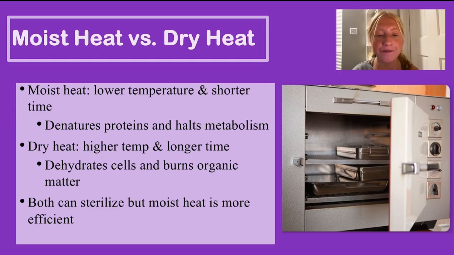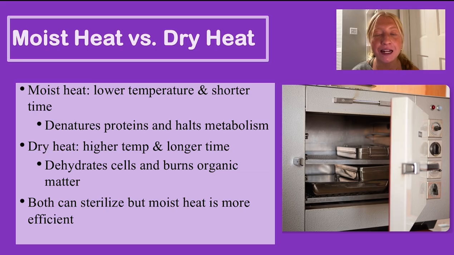So moist heat versus dry heat. Moist heat works at about 60 degrees Celsius up to 130-ish degrees Celsius. It causes proteins to coagulate and denature, and it'll stop the metabolic processes super quick, and it's more effective at lower temperatures and shorter times. Then there's dry heat.